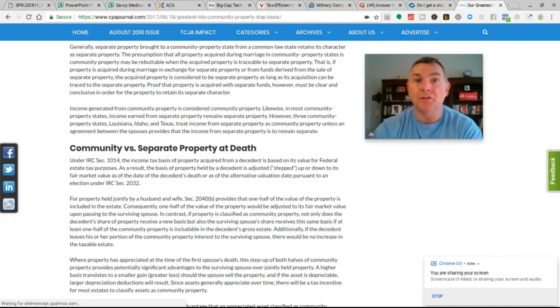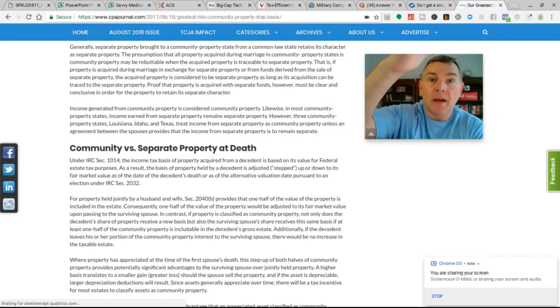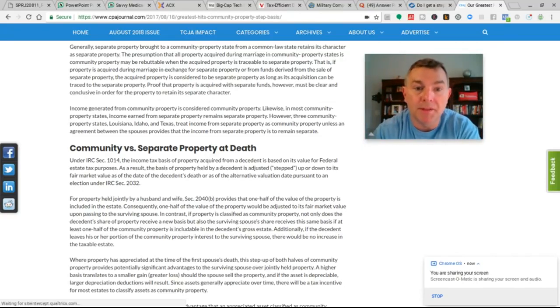So that means that $250,000 that I got, my cost basis, I died and it was worth $500,000. That $250,000 gain is wiped off the map with the step-up in basis. But also the surviving spouse's share receives the same basis if at least half of the community property is includable in the decedent's gross estate.